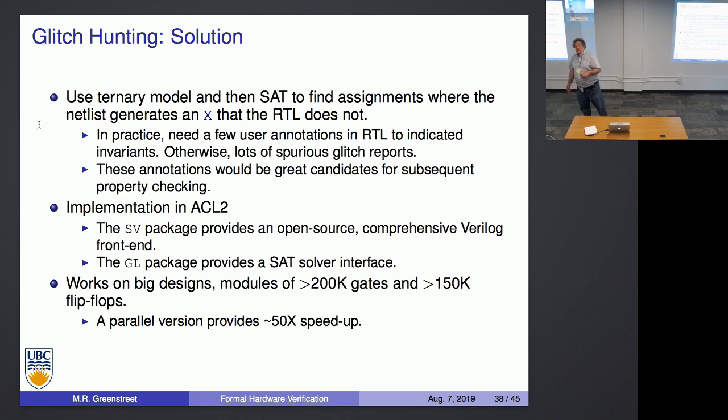But the other really cool thing I was talking with William about yesterday. ACL2 has this package called SV, which is open source, from the people at Centaur. They design x86s for embedded applications, and it has a very comprehensive Verilog front end. When William was asking, what would we do if we wanted to use our tools here with Verilog? The first thing is you have to parse Verilog. The next thing is you have to figure out what it means, right?